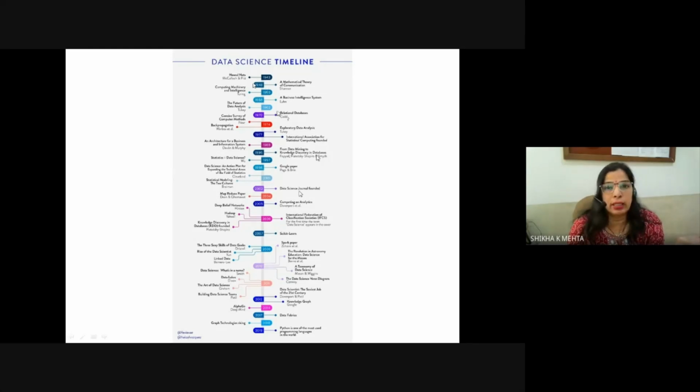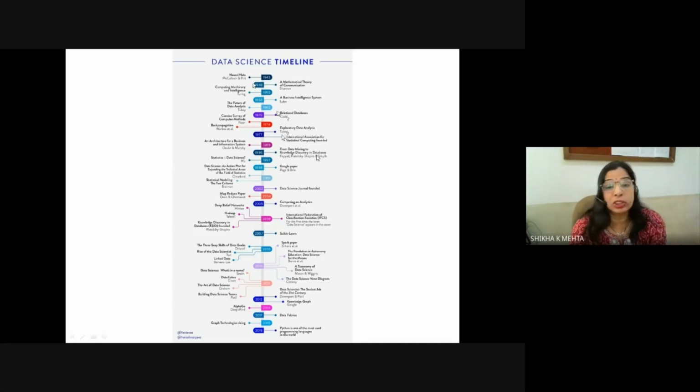And Tukey talked about the future of data analysis in 1962, and about relational databases and exploratory data analysis again in 1977. These terms were there in that period also, and now it's not going to be just statistics.